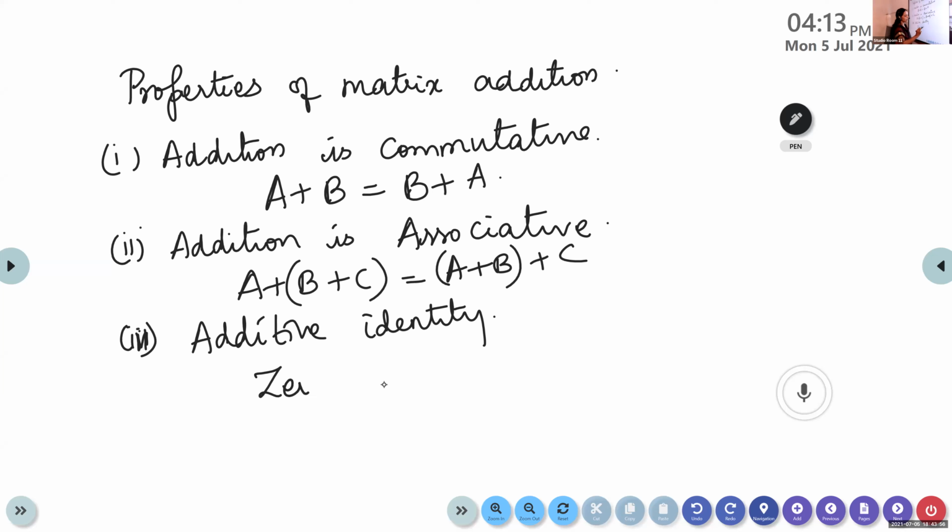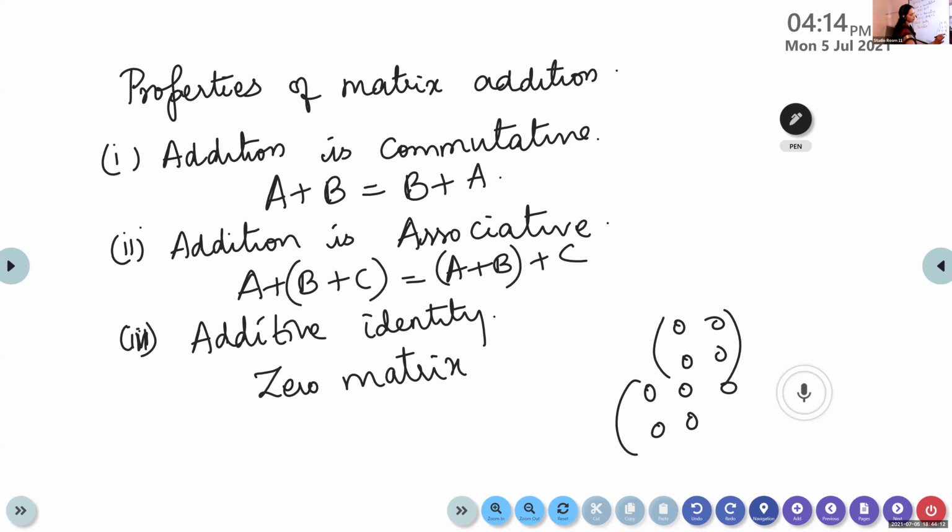The 0 matrix. What is meant by 0 matrix? A matrix with all entries 0 is called a 0 matrix. It may be like this, 0, 0, 0, 0, or it may be a 2 by 3 matrix. It can be of any order.